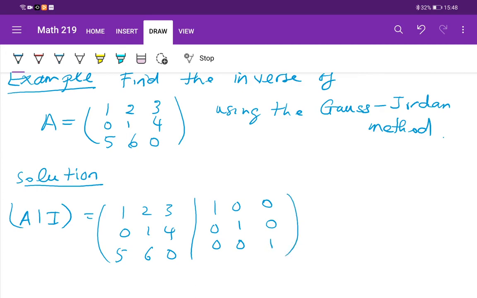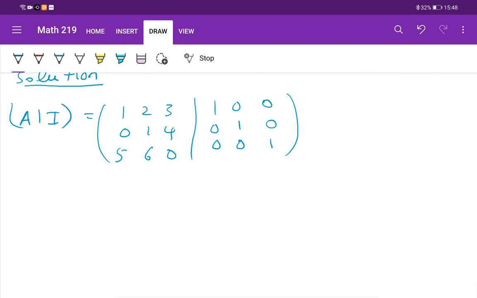Now we apply elementary row operations. There's a long sequence of them. I'll tell you the first one. We have leading ones here and we want to get 0 entries below them, so we take minus 5 times row 1 and add this to row 3.